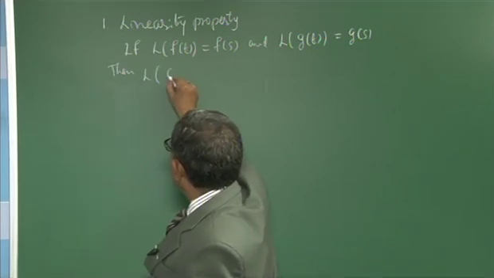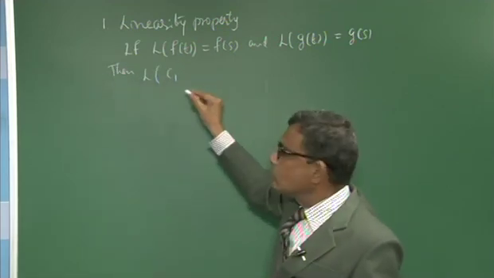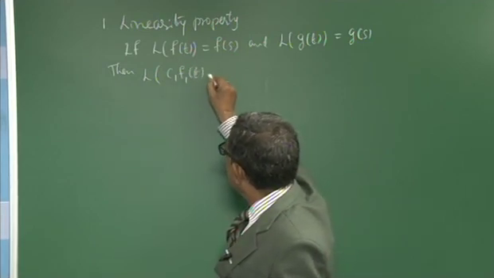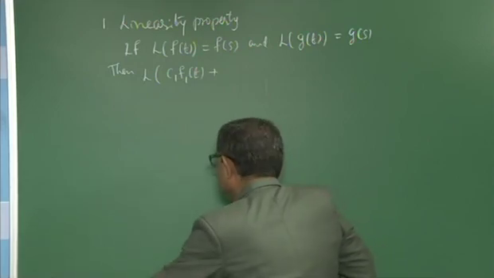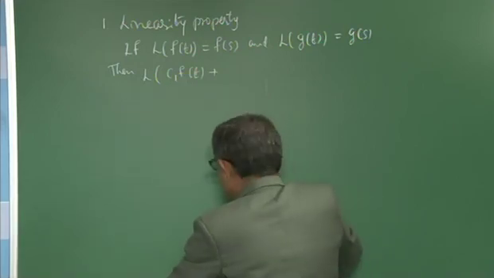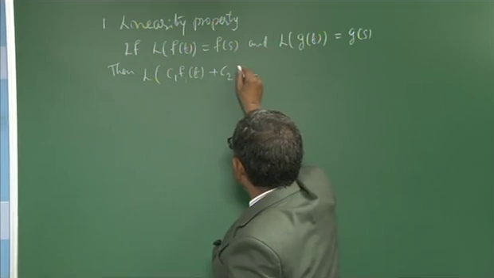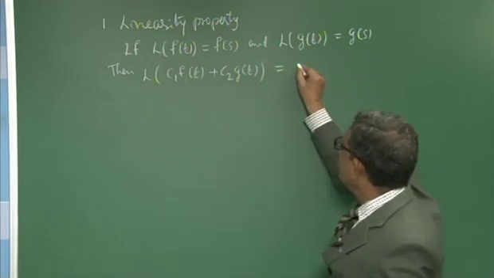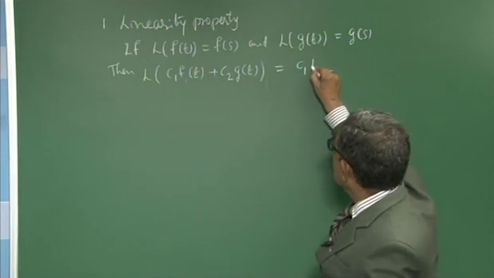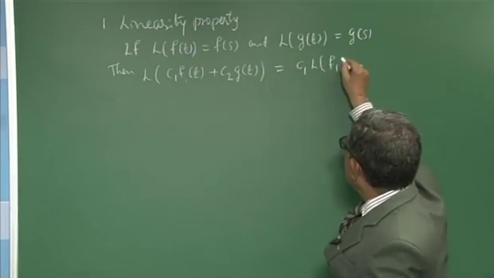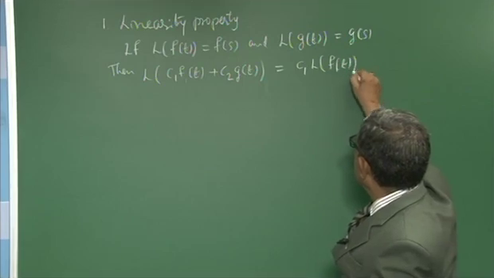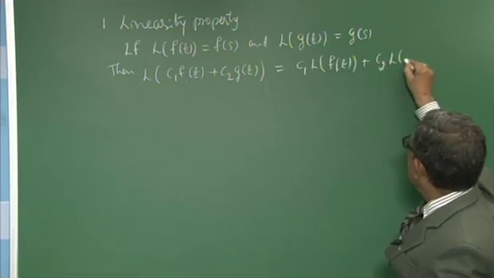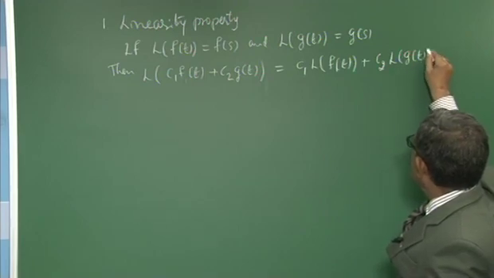L of C1, a constant, f of t plus C2, another constant, second function g of t, is equal to C1 L of f of t plus C2 L of g of t.